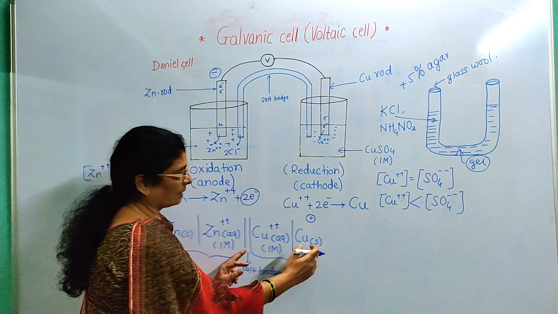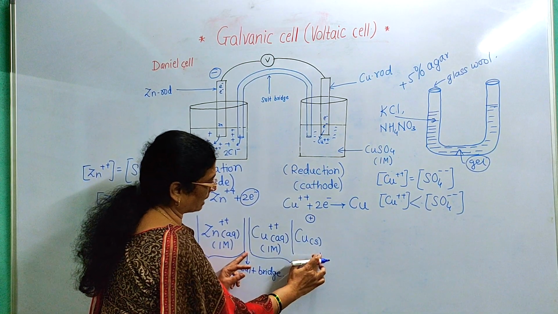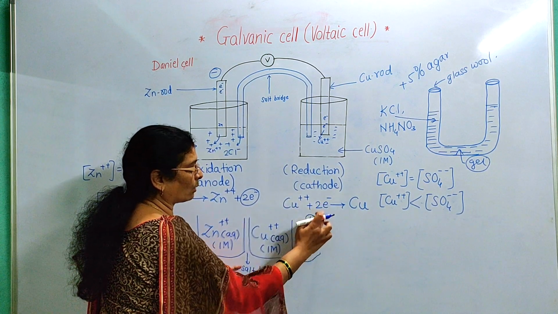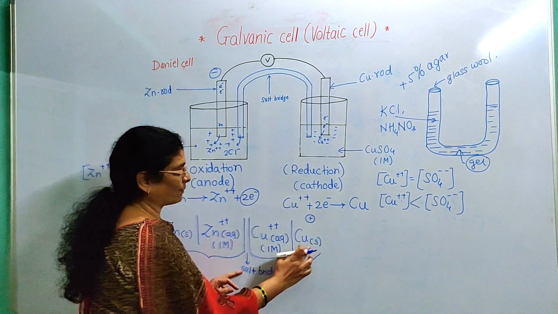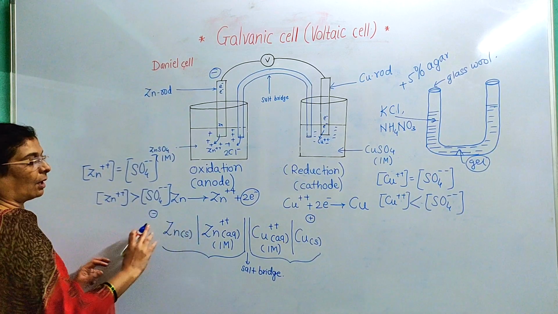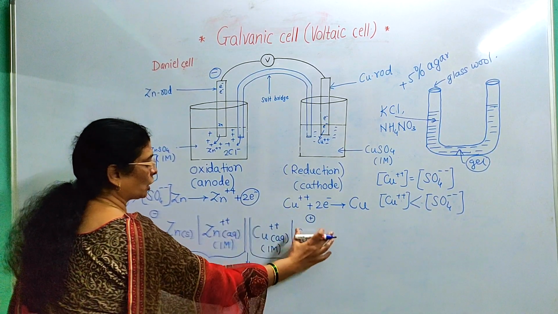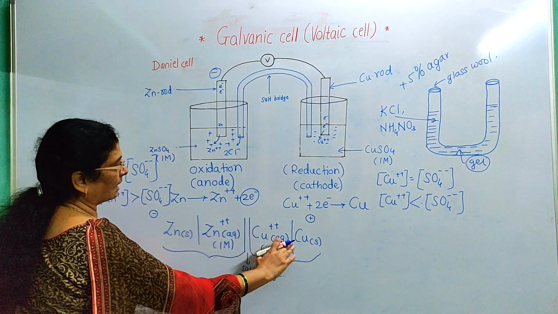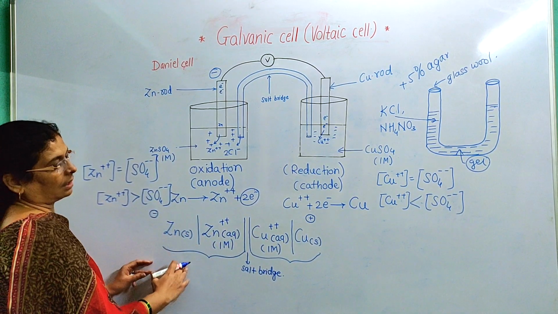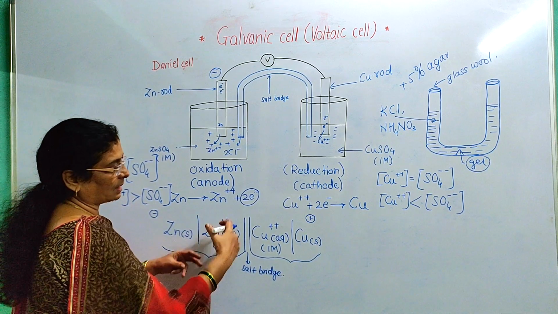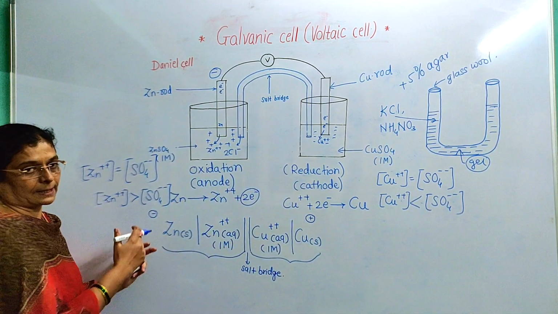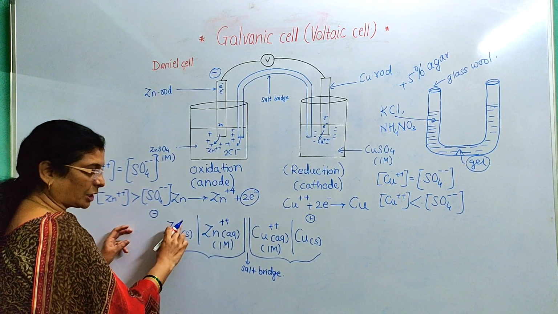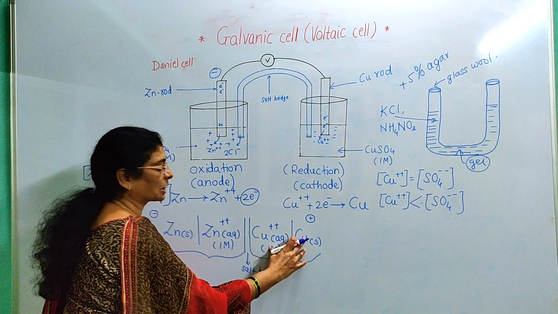And here in this electrode the reduction reaction takes place. Cu++ ions by gaining electrons get converted into Cu atoms. So by knowing the representation of any cell, you can determine which 2 half cells are there, at which half cell oxidation takes place, at which half cell reduction takes place, which reaction takes place at the oxidation electrode and at the reduction electrode.